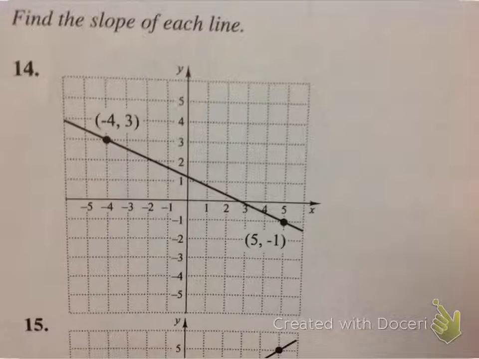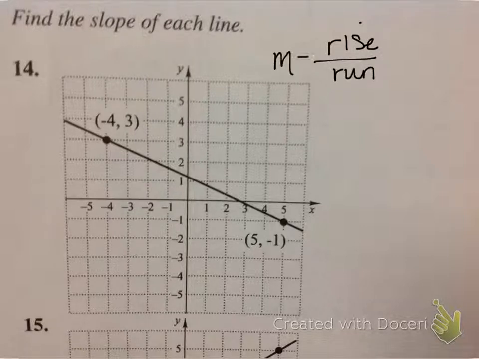You can also find slope from a graph of a line. Remember that it's rise over run. So my rise would be, what is the vertical change from one point to the other? Now you can start at either point, it doesn't matter.